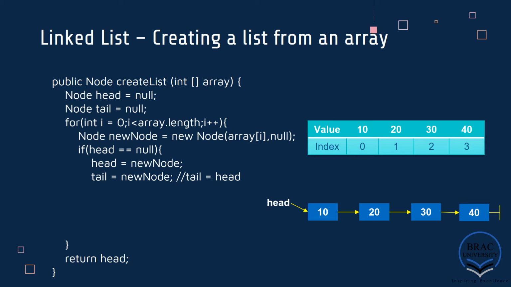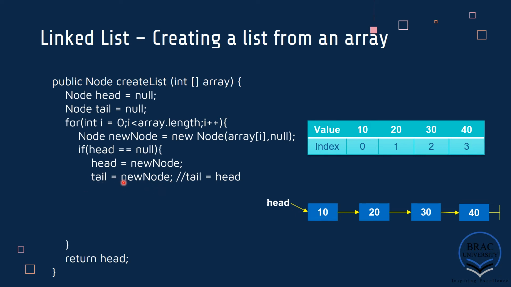The next step will be checking if I have the first element created or not. If I don't have the first element created, that means my list was empty and I don't have any object there. How can we check it?